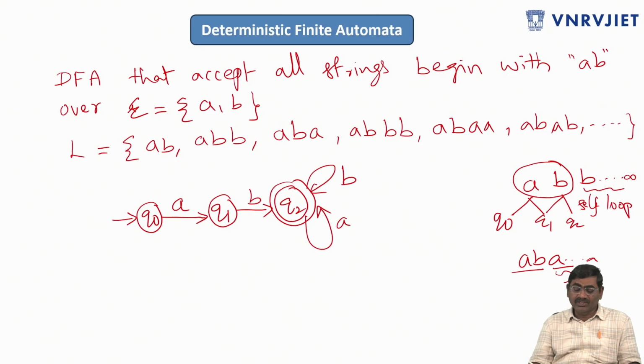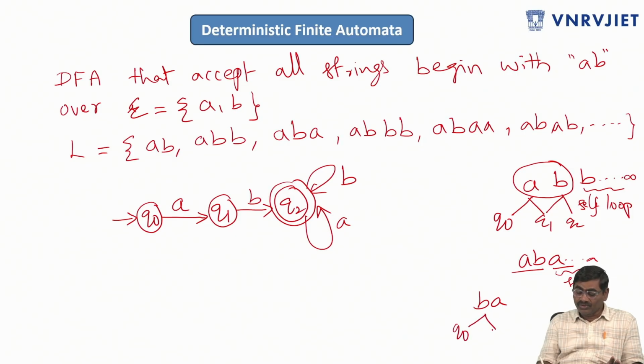Suppose the string does not start with AB. Suppose the string starts with B. In that case, let us see how to construct the diagram. For example, BA is a string that is not included in the language, so we need to construct this as well. Again, we start with the initial state Q0.